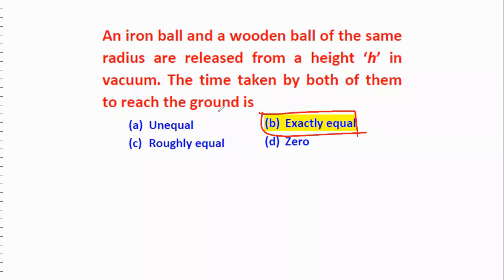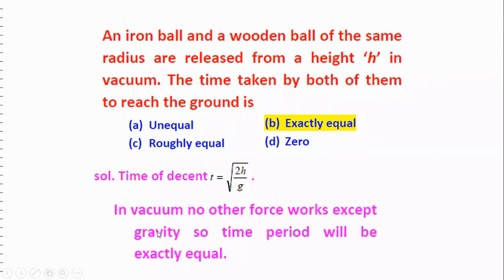It depends upon the mass of the planet and the radius of the planet. That's why they will fall down in equal time. In vacuum, no other forces work except gravity. So the time will be exactly equal. Check this.